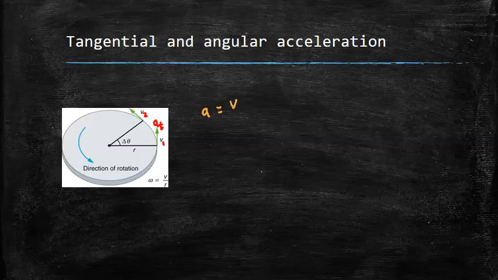We're going to take a equals v minus u over t as our starting point again. We've already figured out that v is equal to r times omega, so we can substitute in r times omega, where omega is our final speed that will occur at this point. Our initial angular velocity occurring at this point will be omega naught, so we can say minus r times omega naught, divided by t.